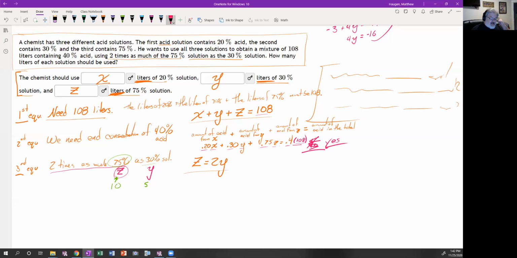But keep that in mind anytime you're talking about percentages. They've got to be acting on something. And the units in your problem have to be the same. This is an amount of acid. This is an amount of acid. This is an amount of acid. This has to be an amount of acid. How much acid is there? There's 40% of the 108 liters. Fair?